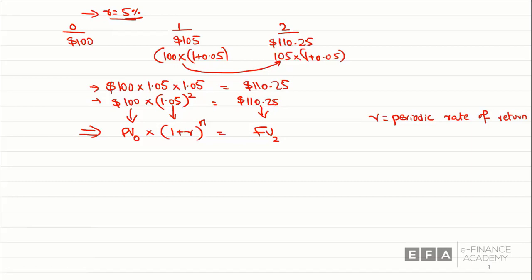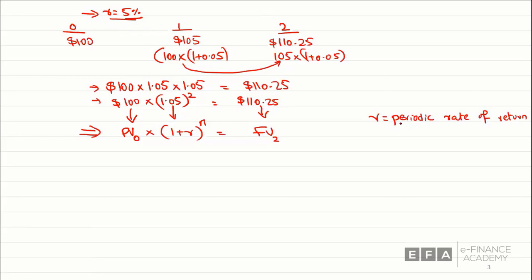So you would always be given annual interest rates or annual rate of return. However, they might tell you that you would be earning, let's say, 5% on a quarterly basis or on a quarterly compounding basis. That means the return would be credited to your account every quarter and then reinvested every quarter. In that case, you would have to adjust your 5% annual rate and make it quarterly rate of return.